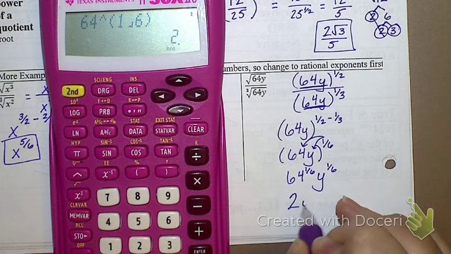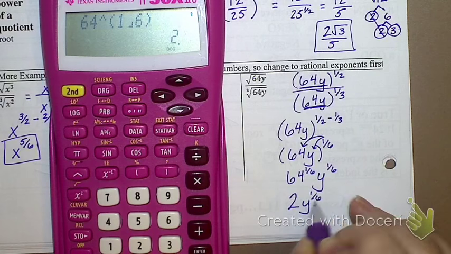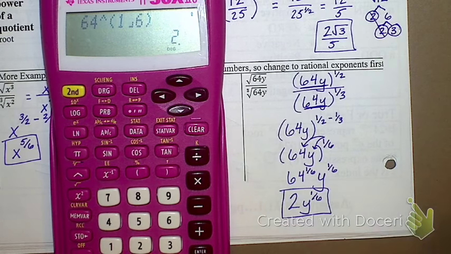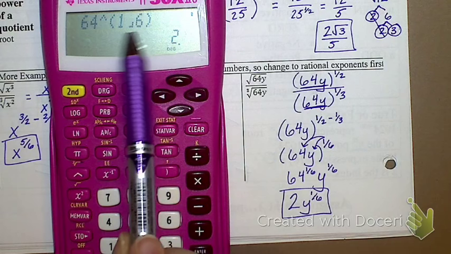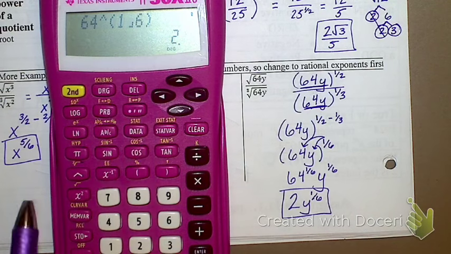So I have 2y to the 1/6. So if I have a number, and I'm not sure if it can be simplified or not, plug it in with an exponent, or you can use your radical button, because you can go back and forth between radicals and exponents to see what can be done there. Okay? All right.